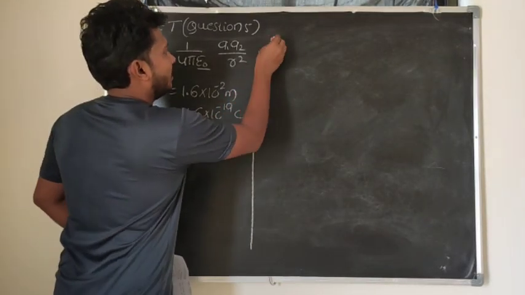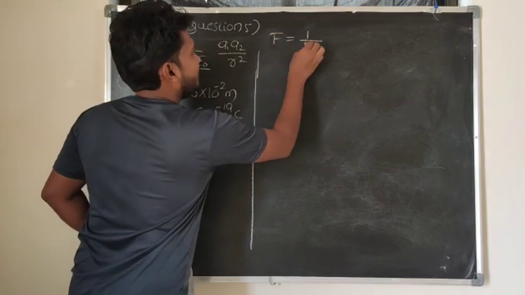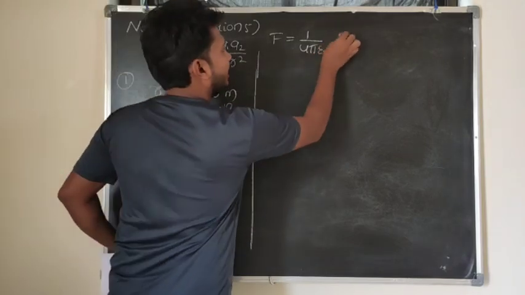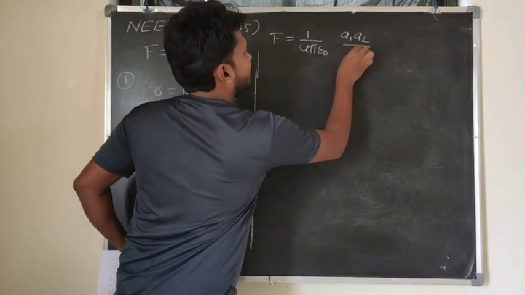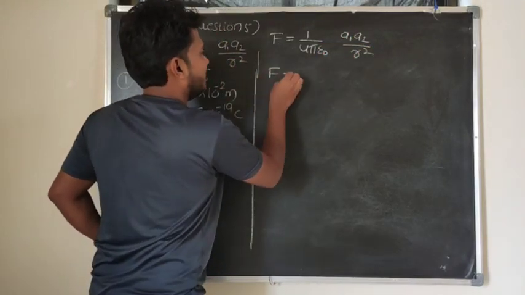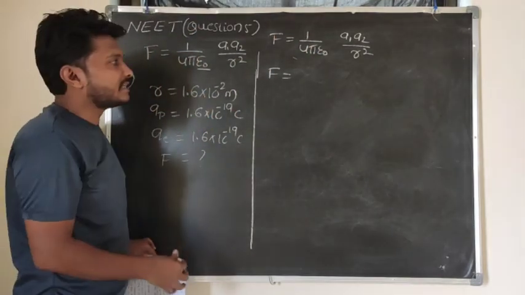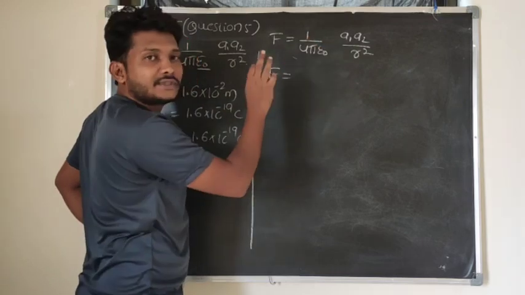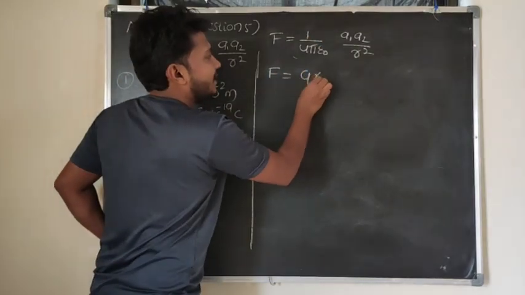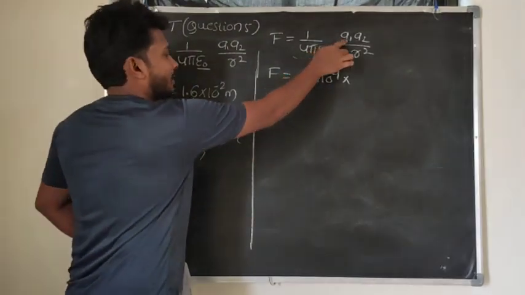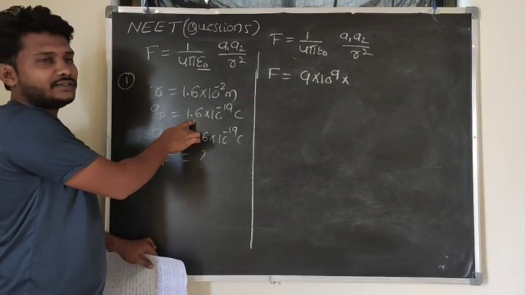So I have the formula. F is equal to 1 by 4 pi epsilon naught Q1 into Q2 by R square. What's the value of 1 by 4 pi epsilon naught? In the last class I said that 1 by 4 pi epsilon naught is equal to 9 into 10 to the power of 9. Is it right? So Q1 value is how much? Magnitude of the charge 1.6.